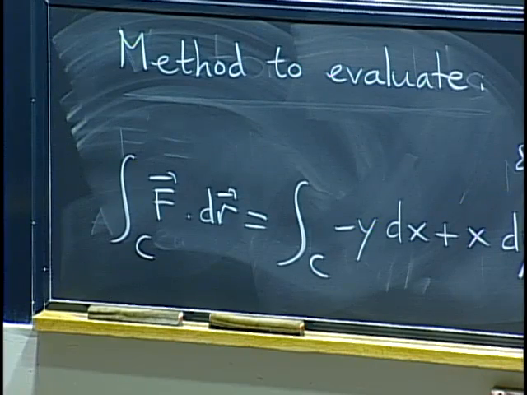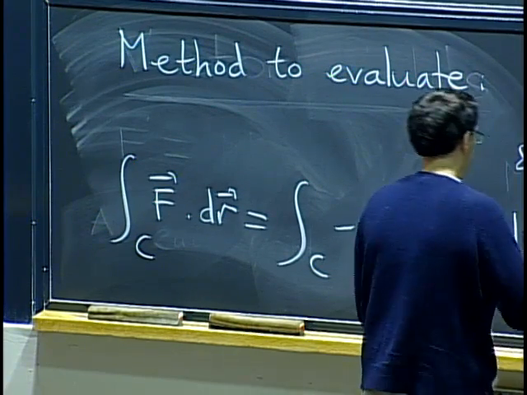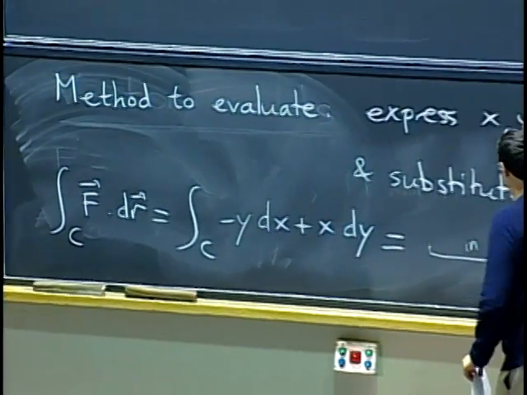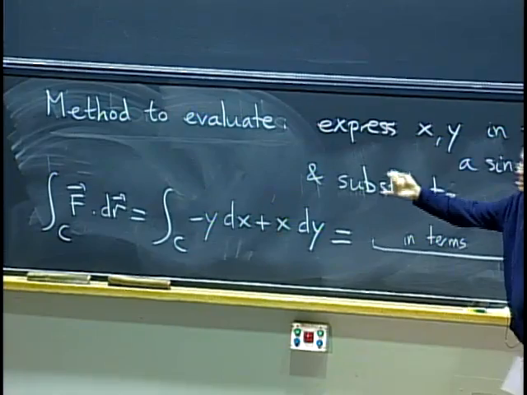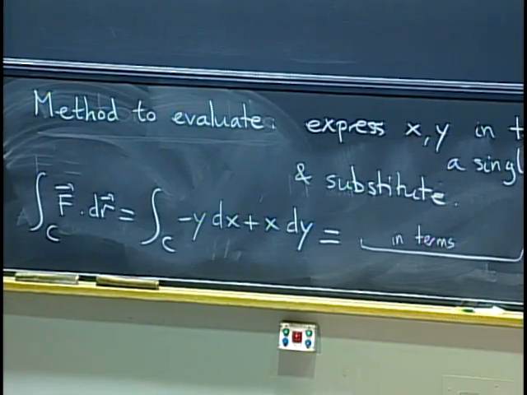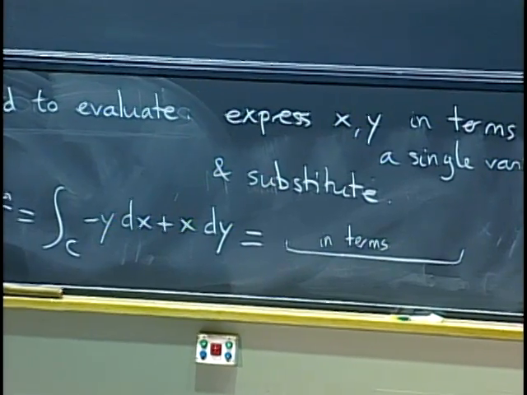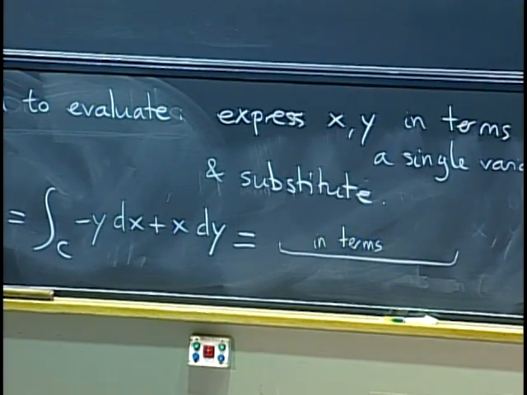It doesn't work. So what we'll do is express everything in terms of the same variable, because it's a single integral. We should have only one variable. And what that variable will be, if we do it the same way, is just t.